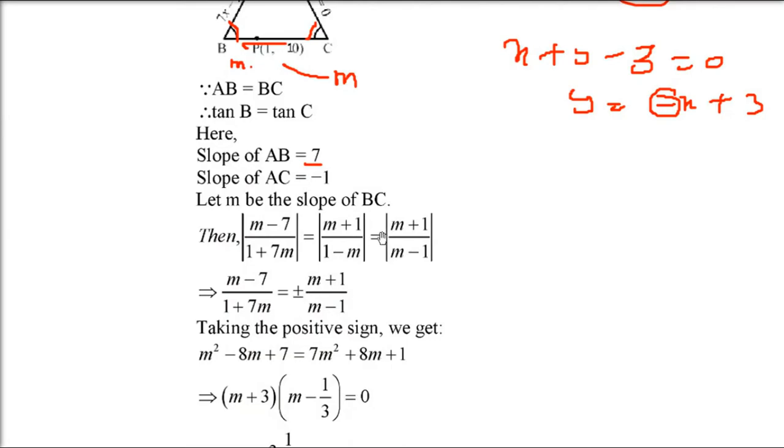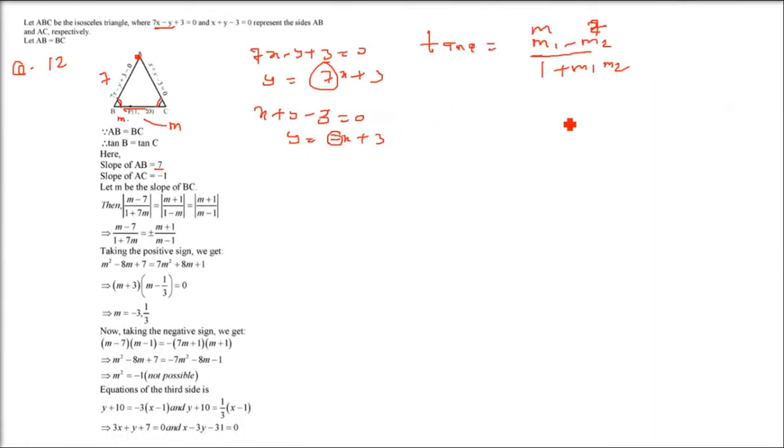So as I said, we have to take plus minus both, because whenever we talk about tan or slope, we have to take from the positive x-axis. So what do we do here? This is (m plus 1) by (1 minus m). I'm taking the angle between BC and AC.